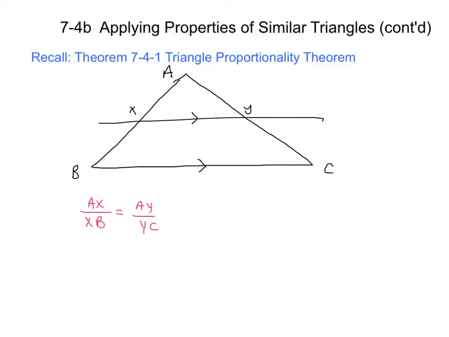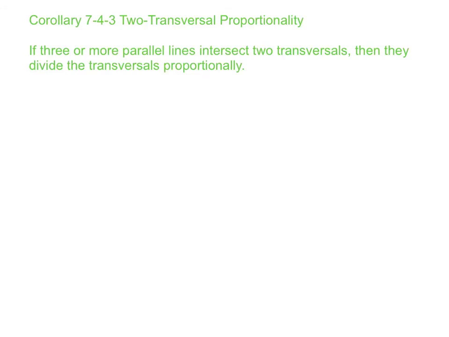Now we're going to move on to the second part of 7-4, and we're going to move on to a corollary. Now this corollary is very, very similar, but all we're going to have to do now is no longer think of it in terms of a triangle. Meaning if we were to redraw this shape, almost pulling this side out and pulling this side out here, we can still apply the exact same proportion, exactly as our theorem tells us.